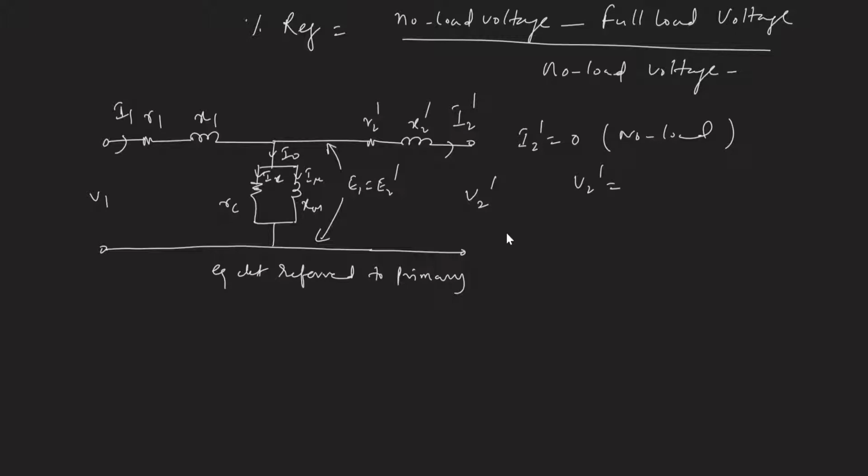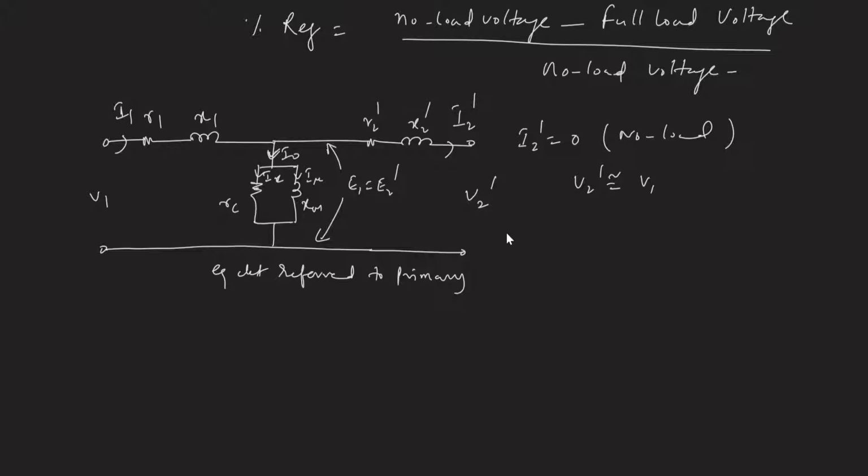V2 dash will be approximately equal to V1, right? Because only the no load current is flowing into this shunt limb, the core loss component and magnetizing current component, and this voltage drop is almost very negligible.